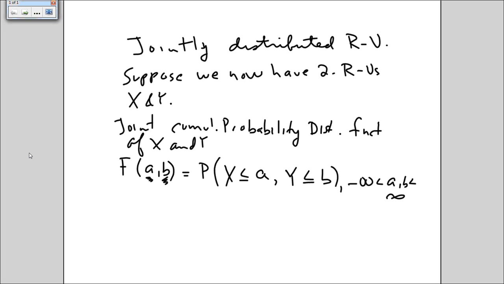Now, we'd like to know just the distribution of just X, and we want to get it from the jointly distributed random variables, that is, the joint cumulative probability distribution function.